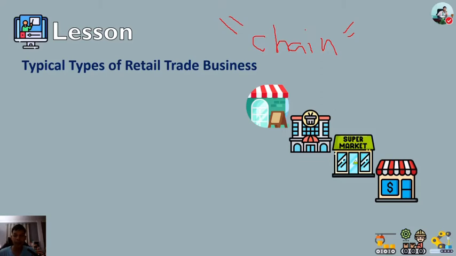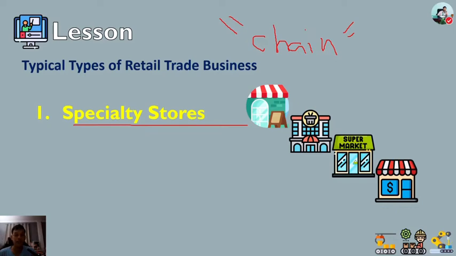There are four general categories for the retail enterprises. Number one, we call it specialty stores. This establishment typically concentrates on selling a single type or a very limited range of merchandise, like clothing stores, musical instrument stores, sewing shops, and party supply stores, all of which fall within this category.